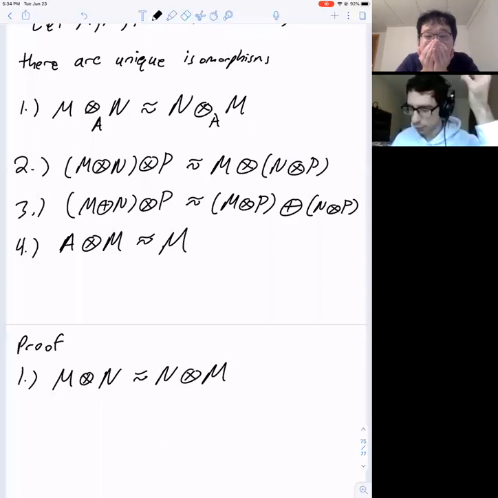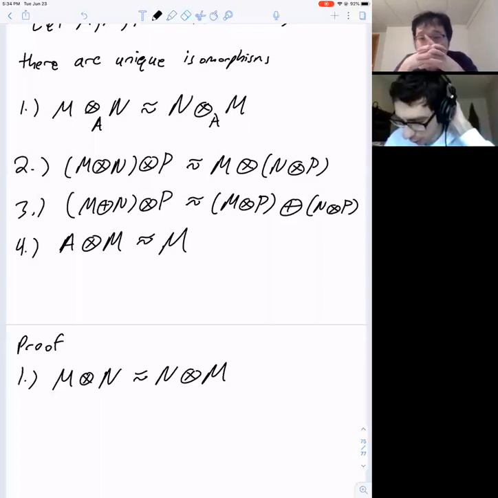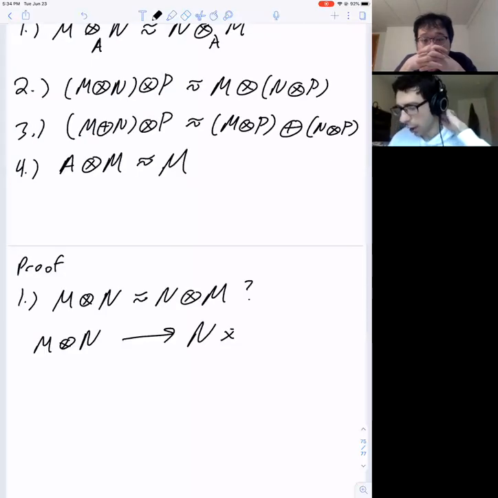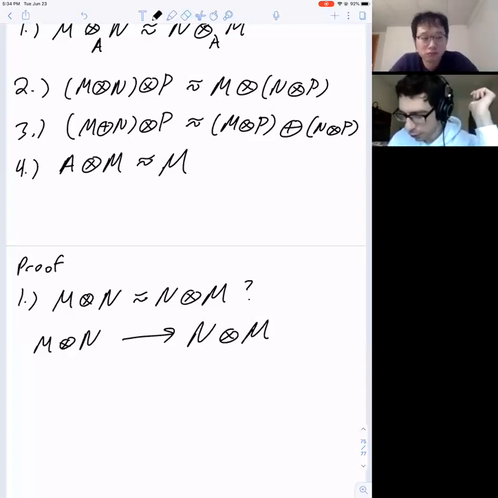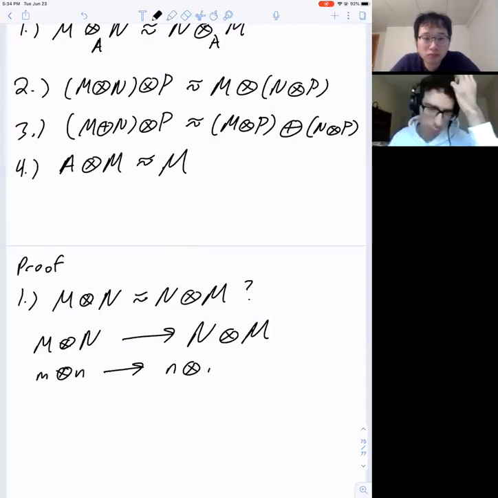Well, the natural thing to do is say, if I want to prove an isomorphism, I should just be able to see where the basis elements get mapped to. Why can't I just say M tensor N maps to N tensor M, and then prove it's a bijection and it's a homomorphism? That's perfectly fine.